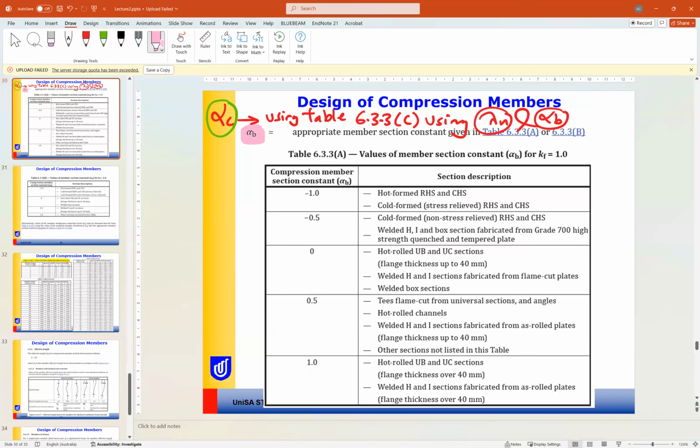Alpha b is the appropriate member section constant given in table 6.3a and b. This is the first one, for values of alpha b for members with kf equal to 1. What is kf? Kf is the form factor, which equals AE divided by AG. We know before how to find KF. If KF is 1, this means that no local buckling will occur.